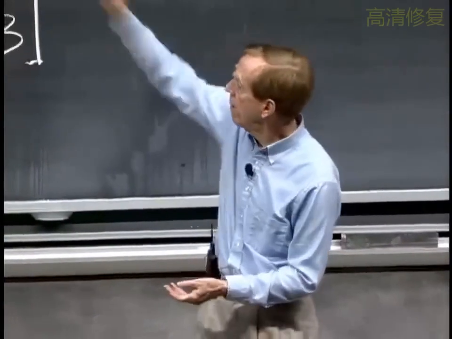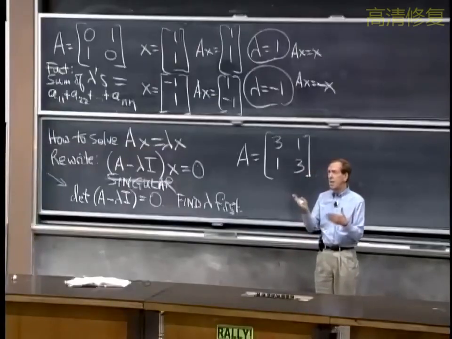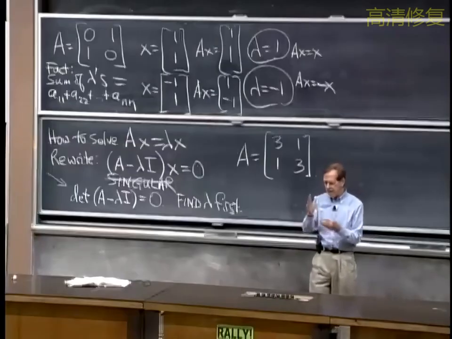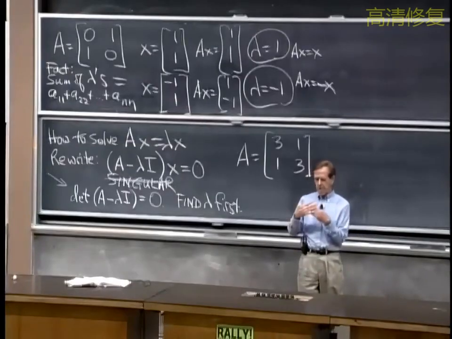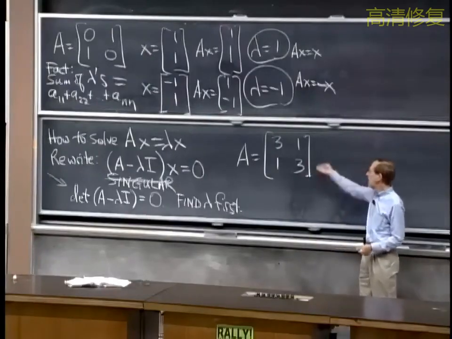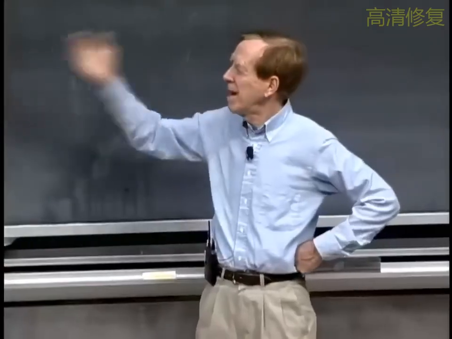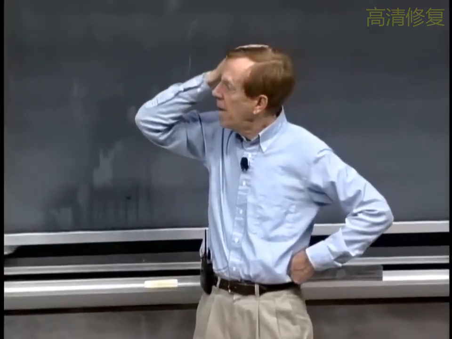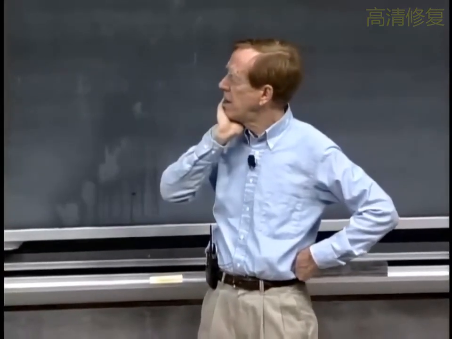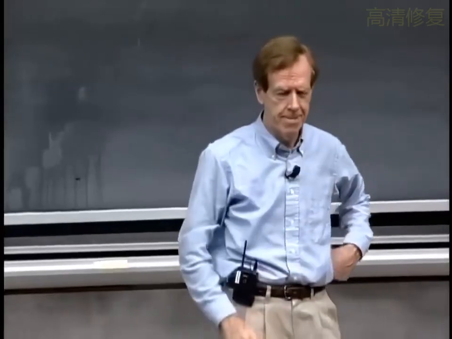If I see a vector 1, 1 and a minus 1, 1, my mind immediately takes that dot product. It's 0. Those vectors are perpendicular. That'll happen here too. Well, let's find the eigenvalues. Actually, my example's too easy. Let me tell you in advance what's going to happen.